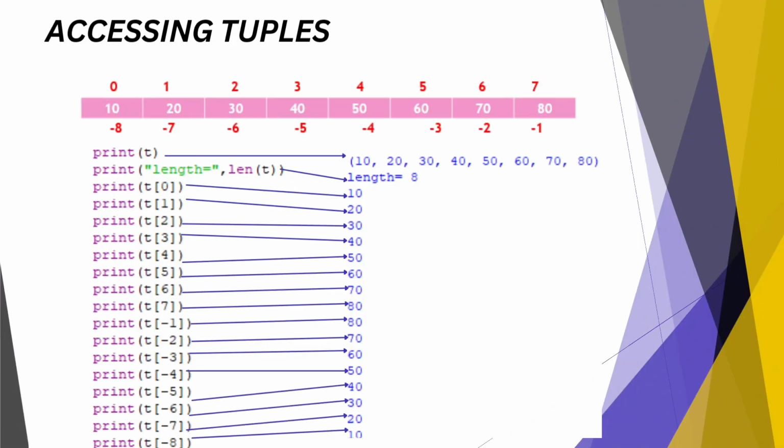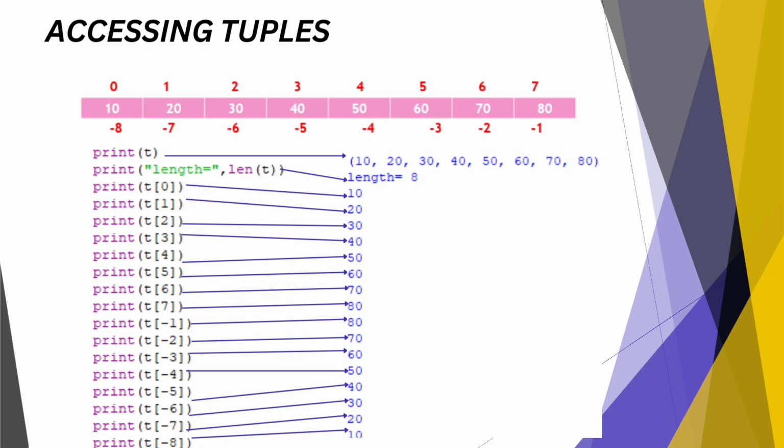Now let us see a bigger example. Here we have a tuple of 8 elements, 10, 20, 30, 40, 50, 60, 70, 80, with indexes starting at 0 till 7, and from the backward side -1 to -8. If we use the print t function, it will print 10, 20, 30, 40, 50, 60, 70, 80 in tuple form.